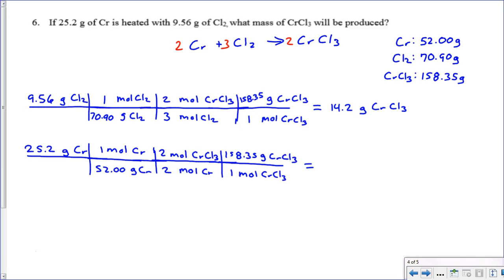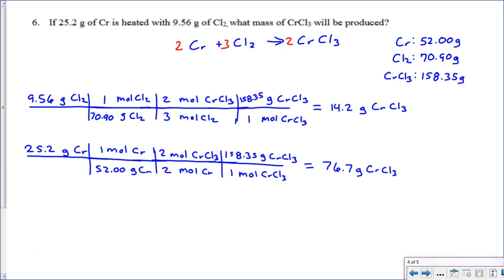And we can calculate how many moles, or how many grams we could create there. We get 76.7 grams. Okay. And so on this one, again, this is the thinking that happens at the end. We have enough chlorine to make 14.2 grams of CrCl3. We have enough chromium to make 76.7 grams of CrCl3.